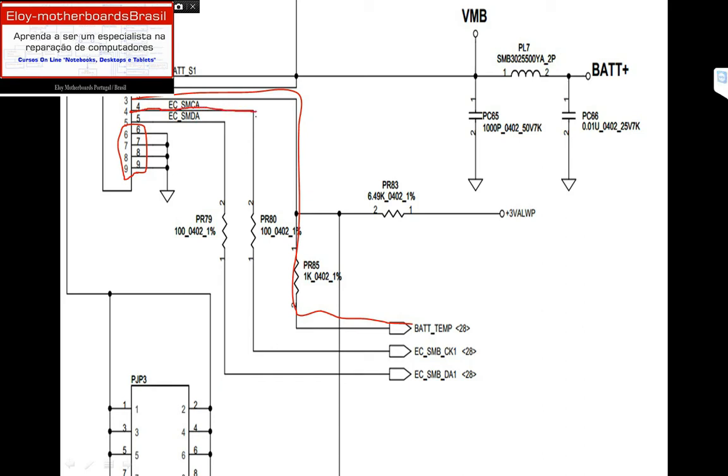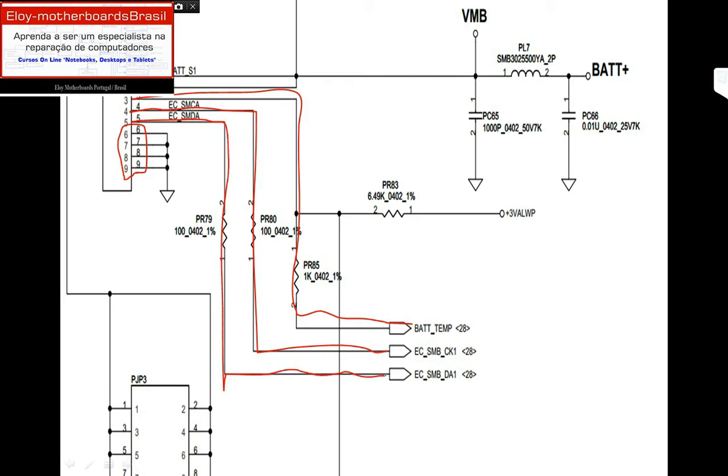Pin 4 is the clock, and I will explain what this signal is and what it stands for. And this is data. In a motherboard, we will find two different types of clock: the working clock and the synchronism clock.